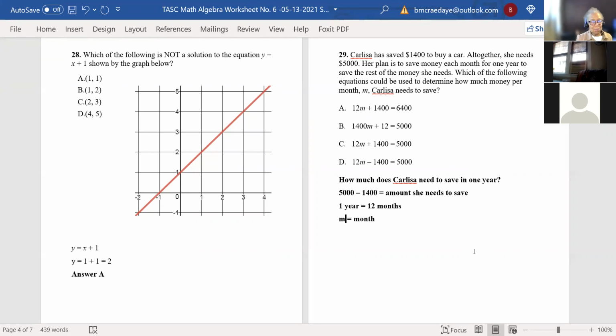It's not D as in dog, because remember, this says 12m minus 1400. So if you try to combine the constants, you're going to add 1400, right?